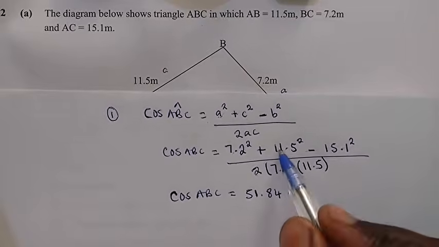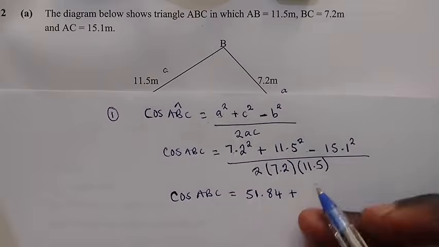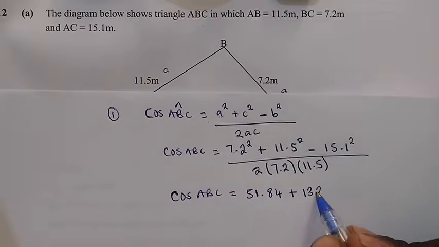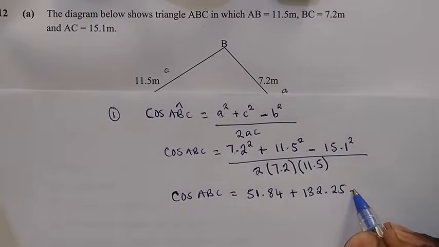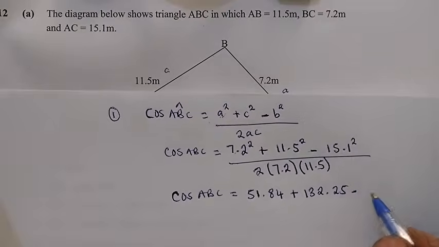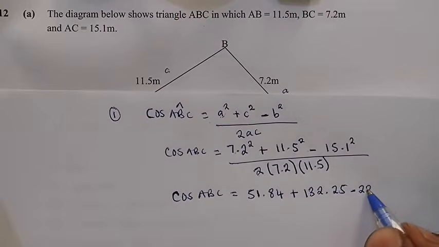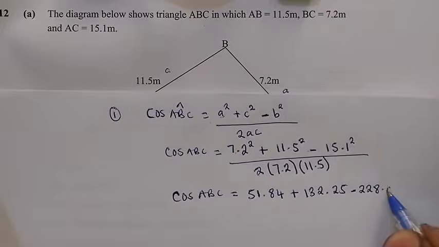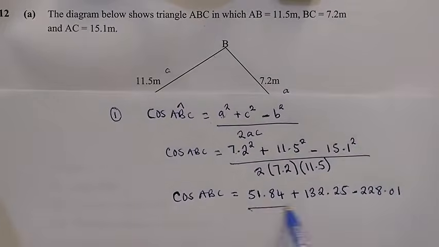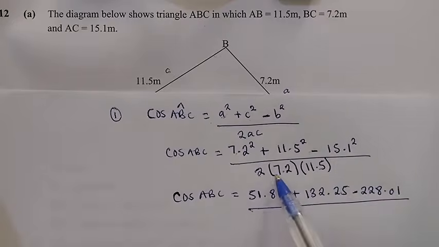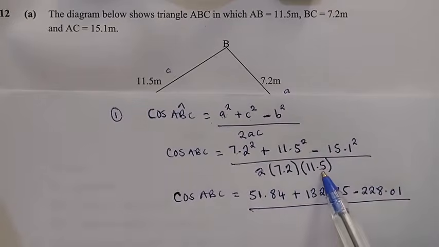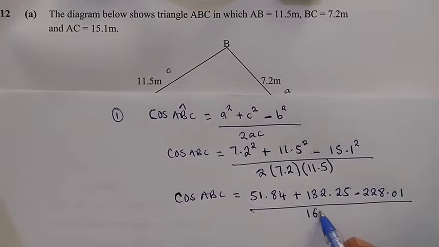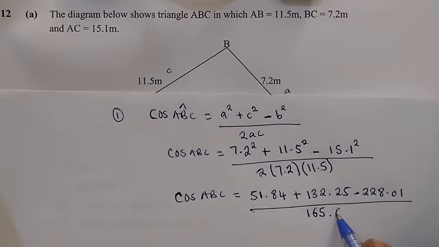Then plus 11.5 squared gives us 132.25, minus 15.1 squared, which gives us 228.01, over 2 times 7.2 times 11.5, which gives us 165.6.